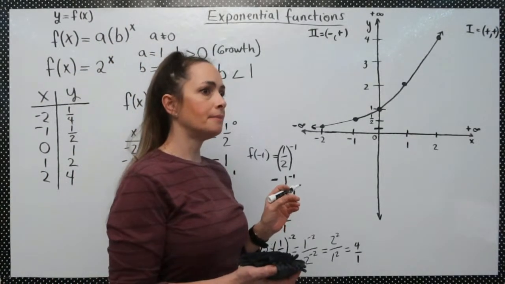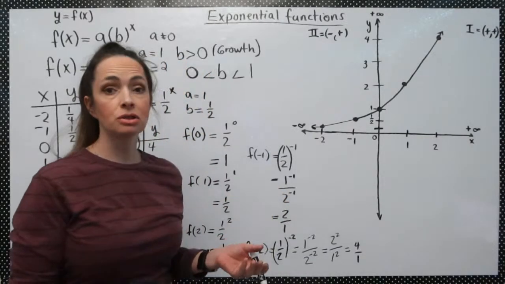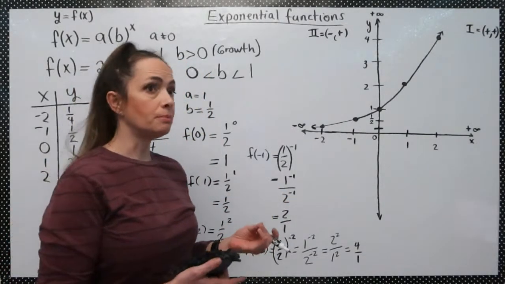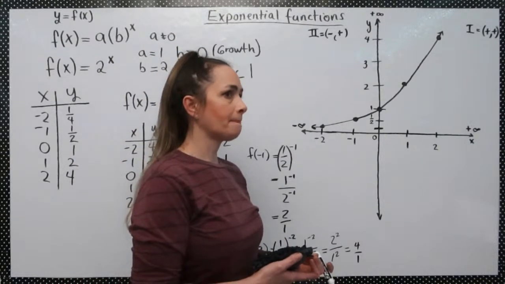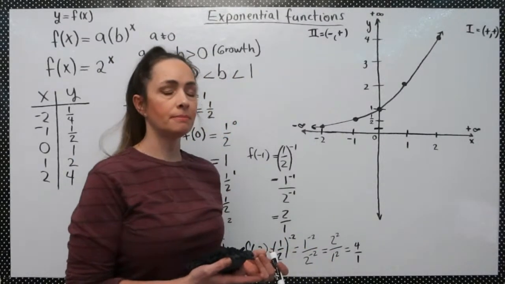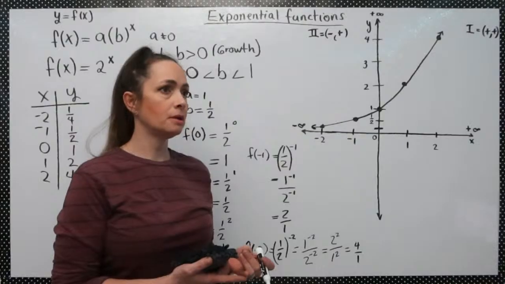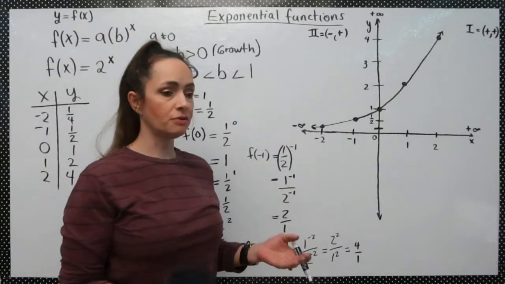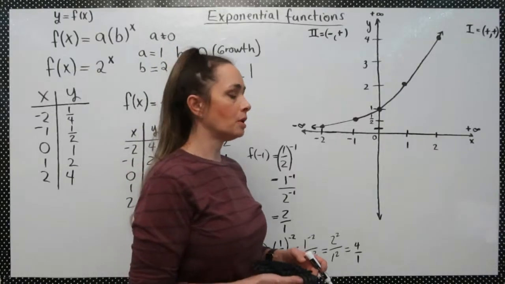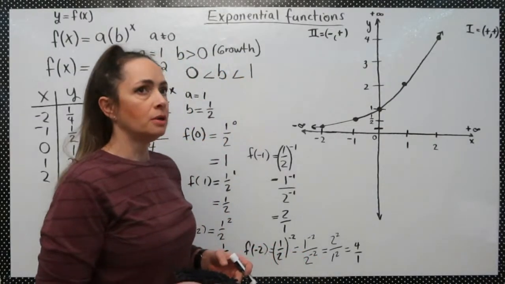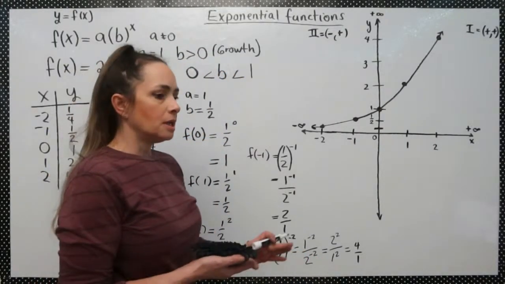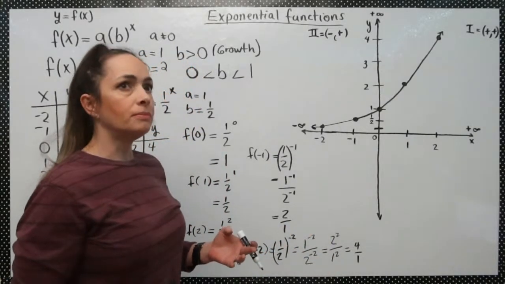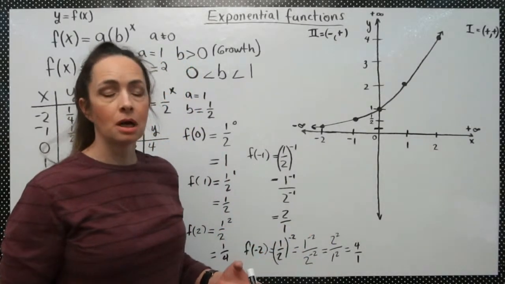The primary application would be some sort of growth: growth in money, growth of bacteria if there's an outbreak, reproduction of bacteria, or modeling any type of tree growth, or growth of populations.